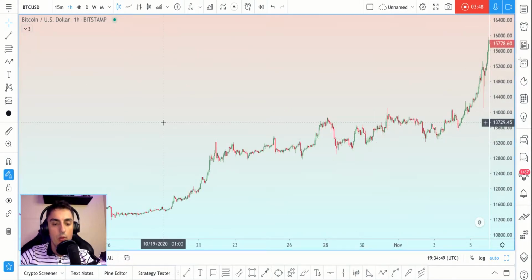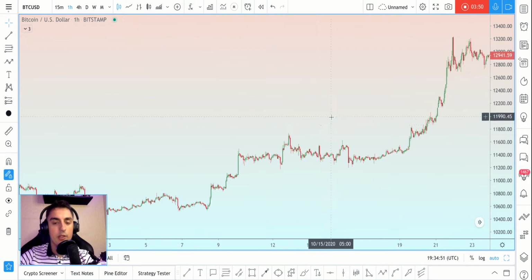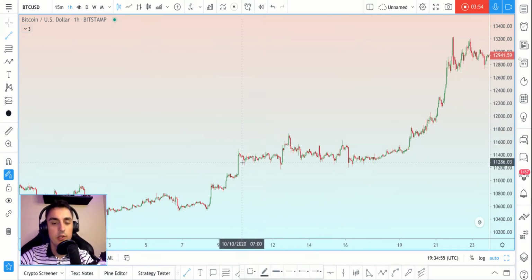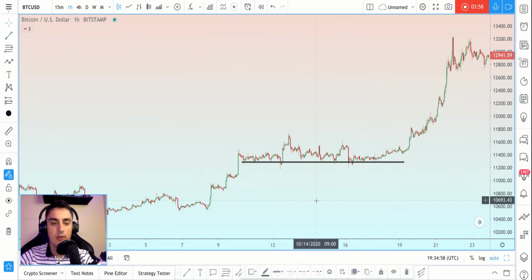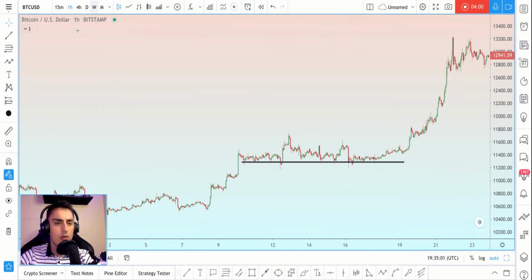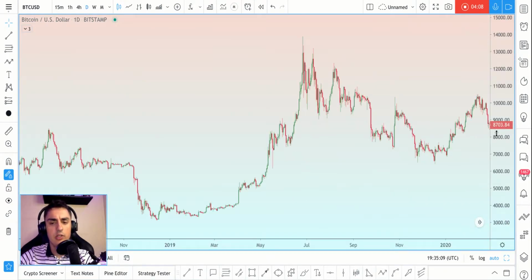It is sometimes quite hard to find a flat support for Bitcoin, but it happens sometimes. First, we are talking about a 1 hour chart. We can see the same on the 1 hour chart as on the weekly chart or daily chart.